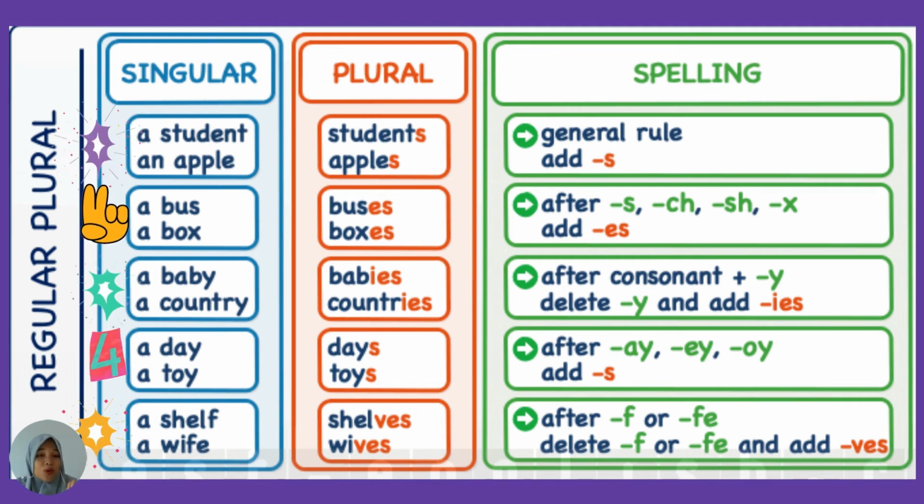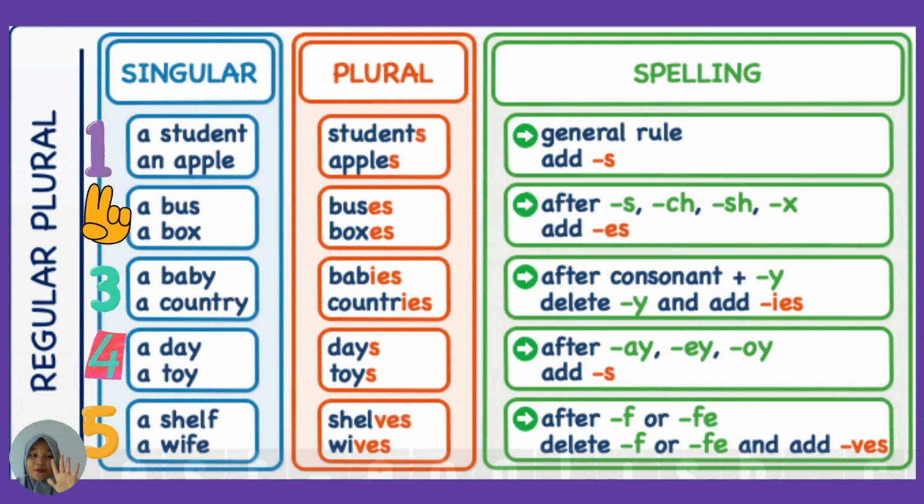We don't need to delete the Y like the third rule, but we only need to add S. A toy. A toy also, we don't need to delete the Y, but we directly add S at the ending of the word. Become toys.